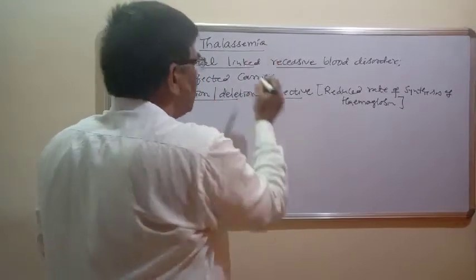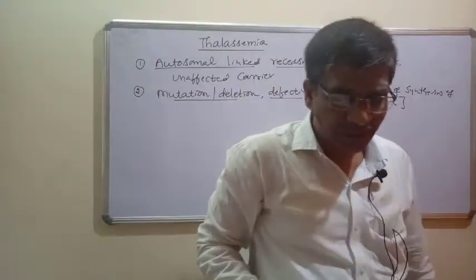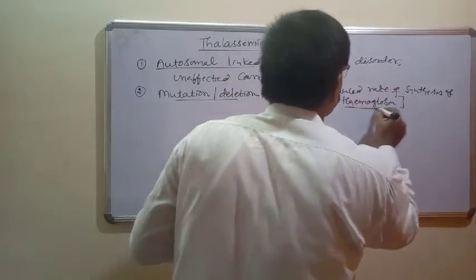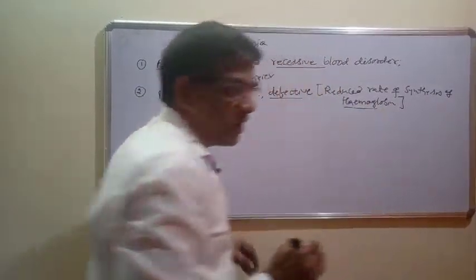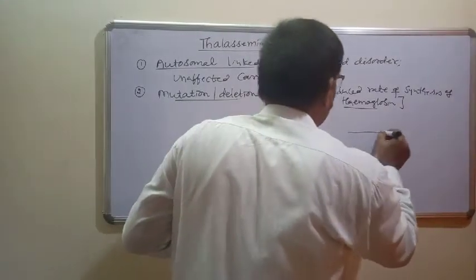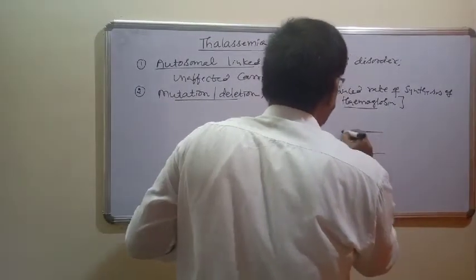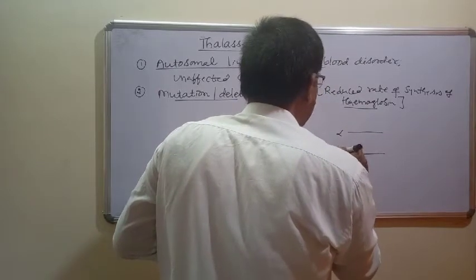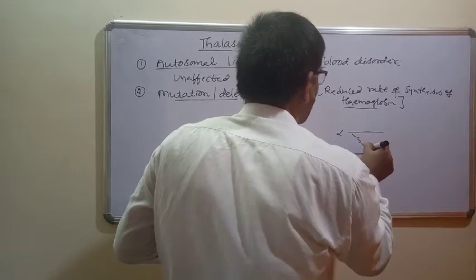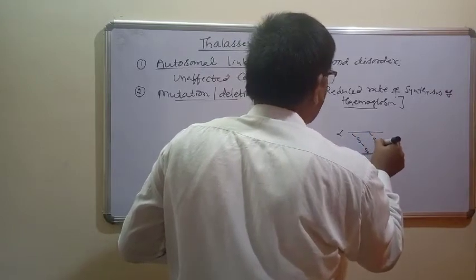Now thalassemia, you have already studied sickle cell anemia. First of all you should know about hemoglobin. Hemoglobin is a blood protein which is made up of two chains. One is called the alpha chain and another is called the beta chain. Both chains are linked together by disulfide bridges.